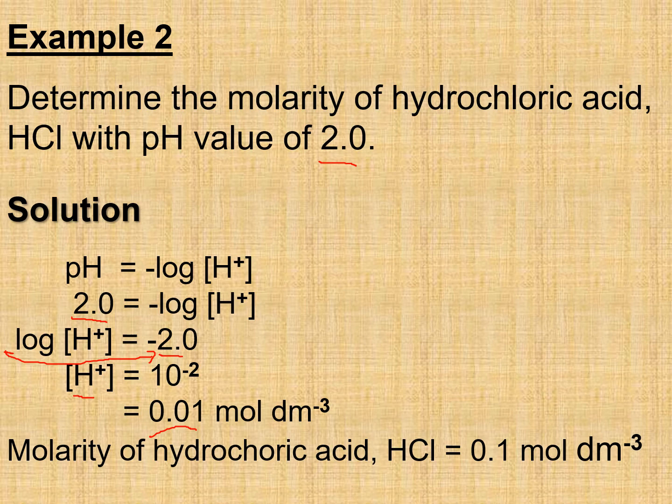If you need more explanation on how to push the button on the calculator, just mention it and I'll consult you in the Telegram maybe. Thus the molarity of hydrochloric acid is 0.01 mole per dm cube. You need to put the unit, okay, or else your answer will be wrong.